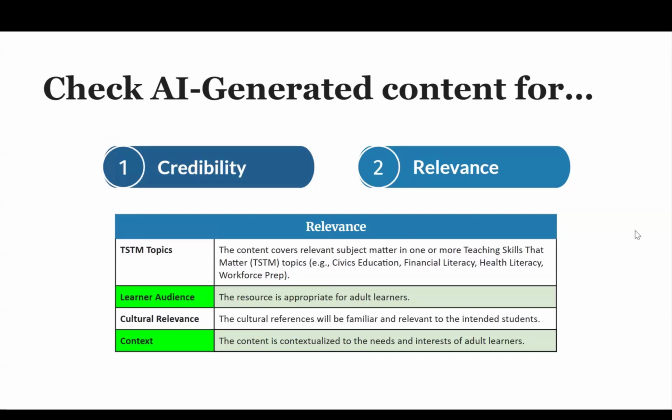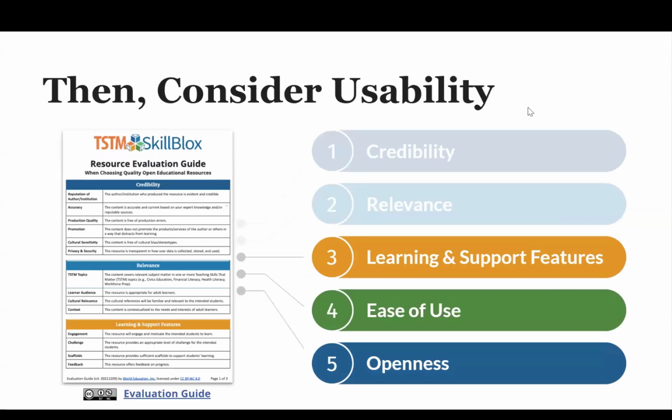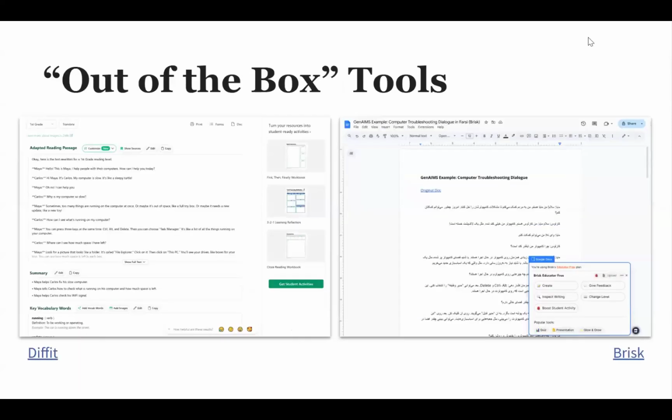So now we're going to move into considering usability. If we're thinking about credibility and relevance of the content, then when we think about how we package that content and deliver it to learners, there are other criteria that we need to consider. The out-of-the-box tools that exist can be really helpful in getting us closer to a point where we can deliver things to learners.